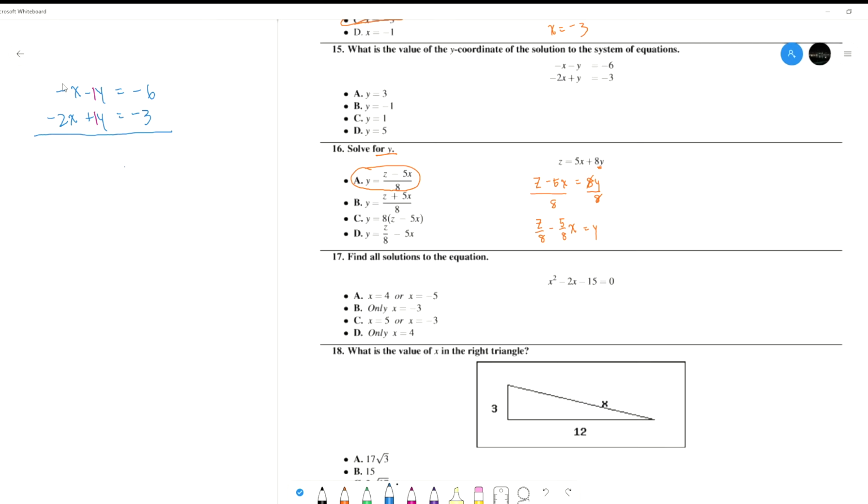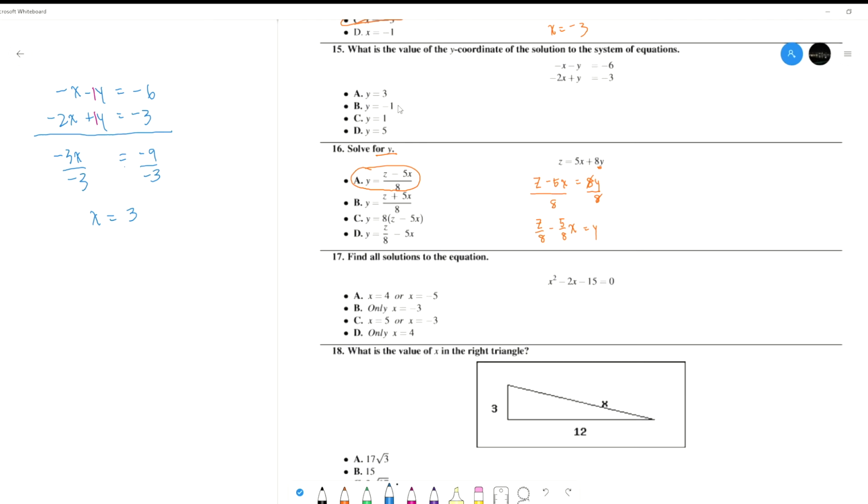Negative x minus 2x is negative 3x, and the y's cancel out to 0y, which is equal to negative 6 minus 3, negative 9. So I have a one variable equation. I divide by negative 3. Now I get x is equal to positive 3.